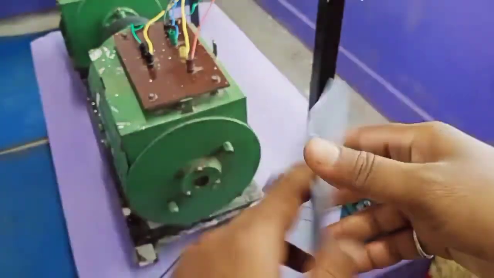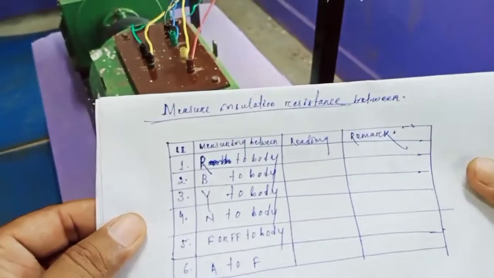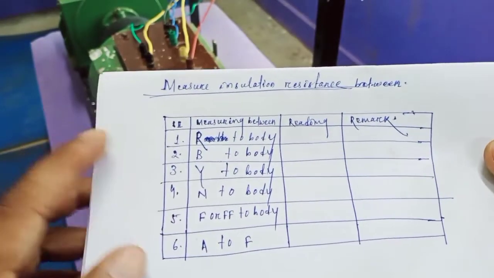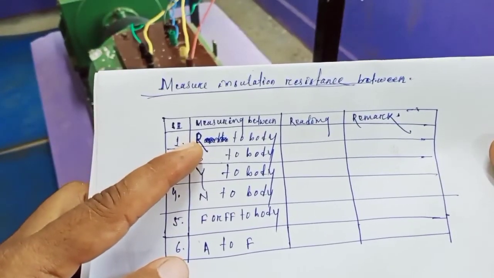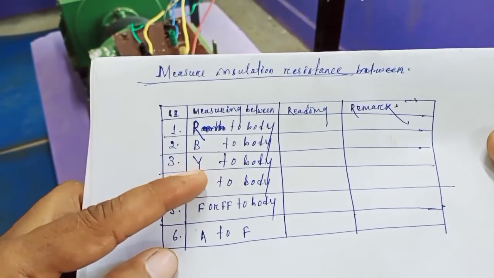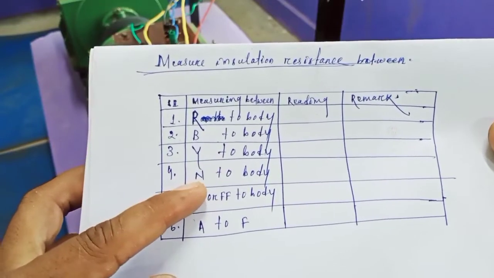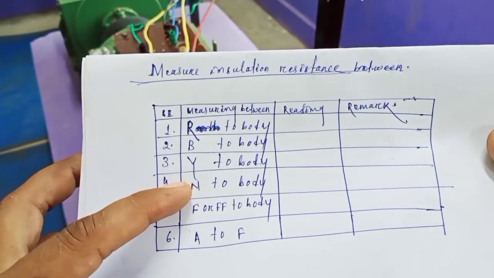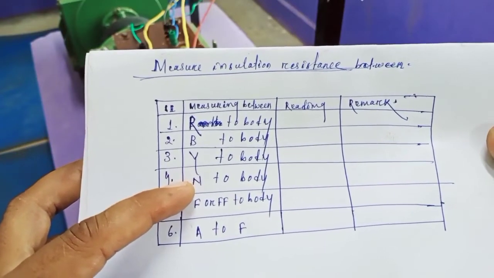Again we have to measure the insulation resistance, that is, between R terminal to body, B terminal to body, Y to body and neutral to body. These are your armature terminals, that is R, B, Y and neutral.